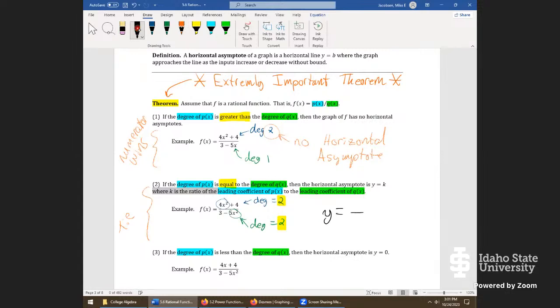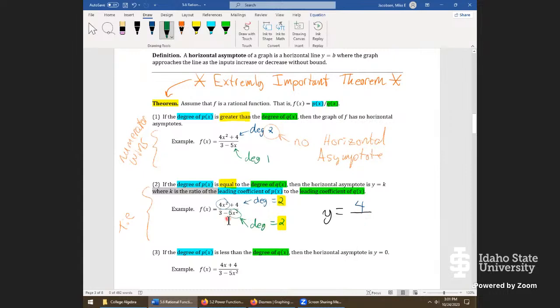Y equals, it's a ratio, so we're forming a fraction. When it said the ratio of leading coefficient of P of X, we're talking about the 4 right there. That goes to the numerator, the way they wrote this out. To the leading coefficient of Q of X, go to our Q of X, we grab that coefficient and put it down right here.